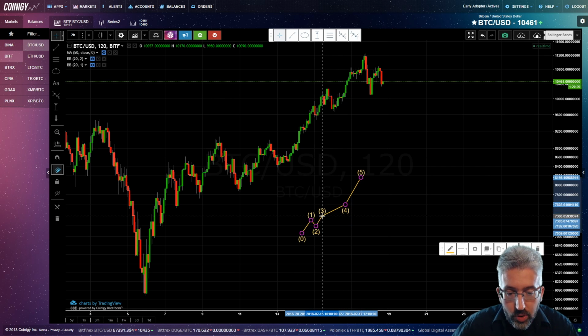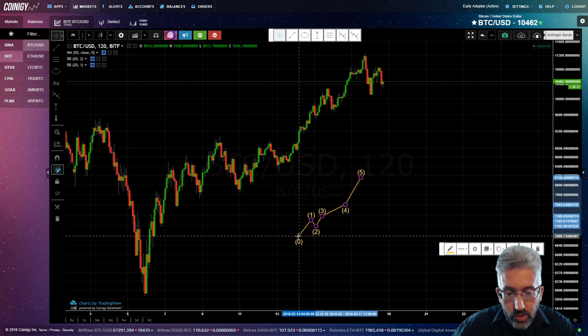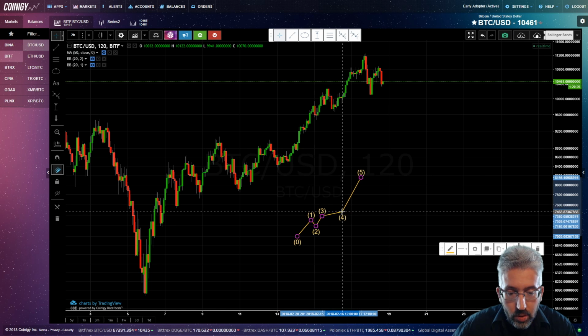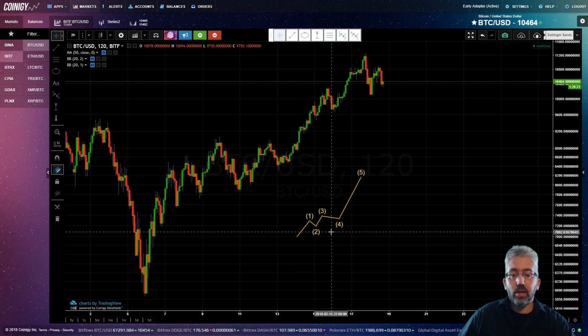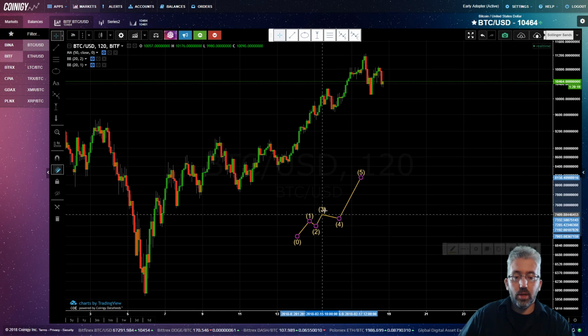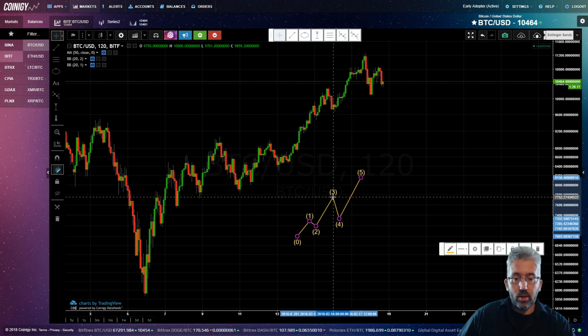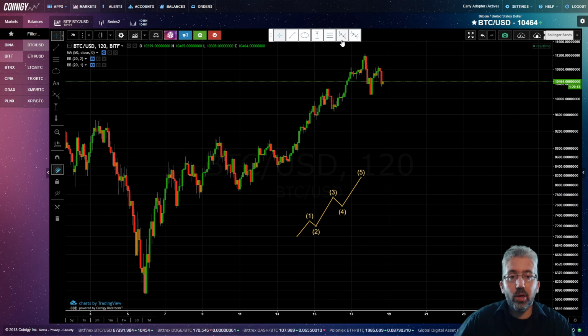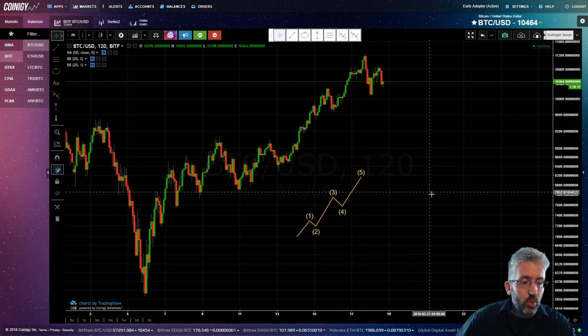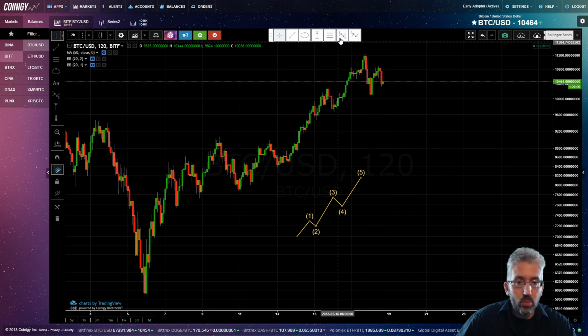Just like when number 3 is shortest. Let's say we have this example. This is not possible. This is not an Elliott wave whereby number 3 is shortest. So number 3 has got to be not the shortest one, and number 4 has got to be above 1. The same counts, by the way, for going down. Let's redo that.